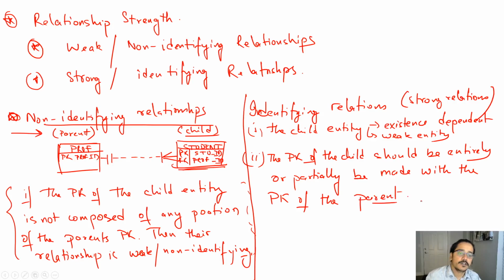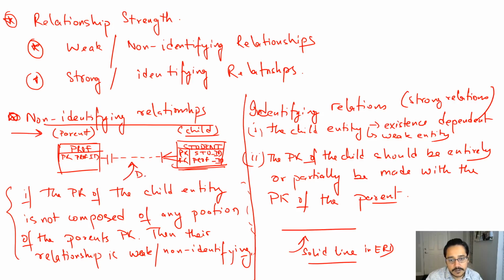Okay, so this is denoted by a solid line in the ER diagram, and the non-identifying one is represented by a dashed line in ERD.